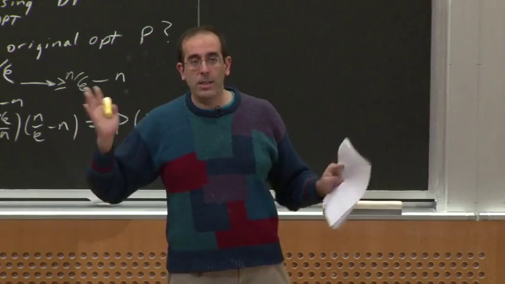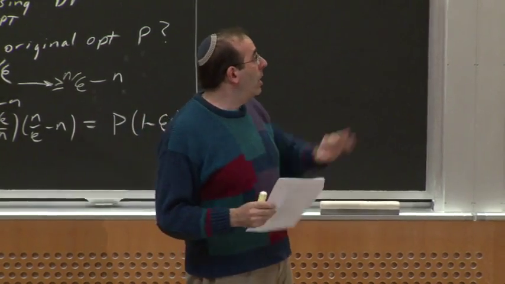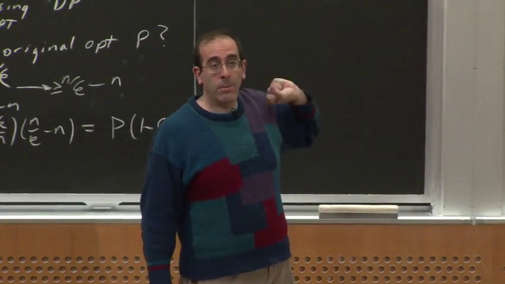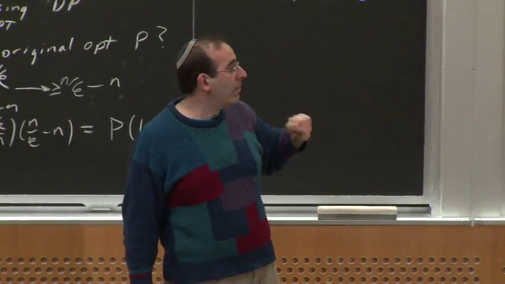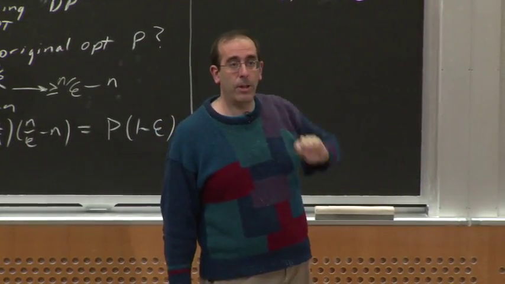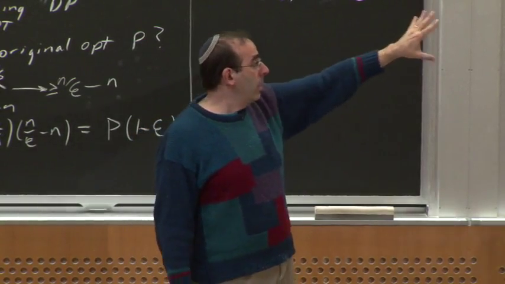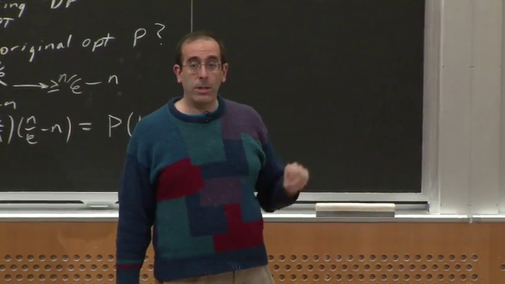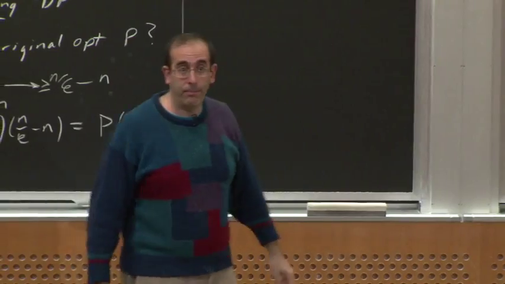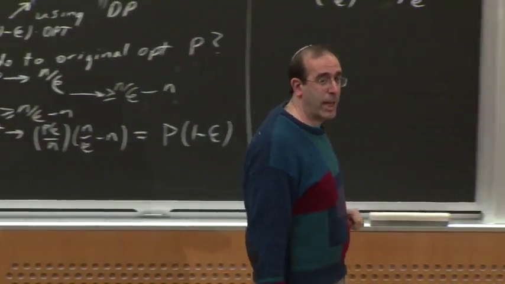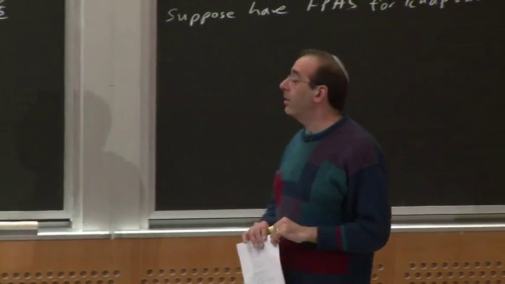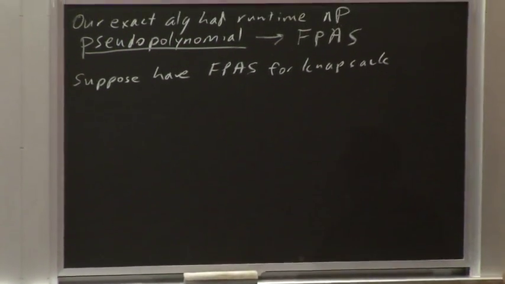But if you phrase things in those abstract terms, you can show that any problem with a pseudo-polynomial algorithm has a fully polynomial approximation scheme, and any problem with a fully polynomial approximation scheme has a pseudo-polynomial algorithm. But let's just show it for Knapsack so that we don't have to get into the mess of defining a more general class of problems.